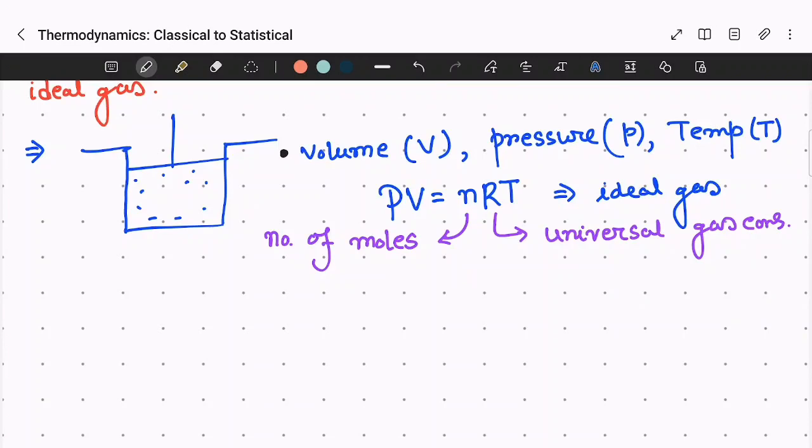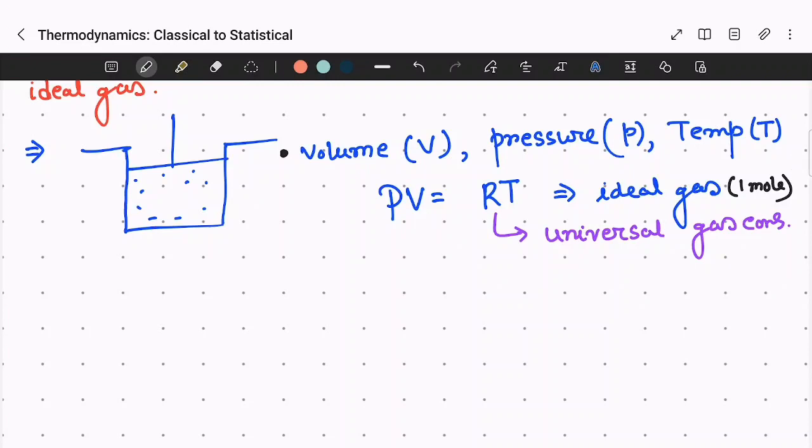If you consider only P, V, and T, then that is related to this equation PV equals nRT. For 1 mole of gas, let's say n is not there. Okay, so PV equals RT for 1 mole of gas. Right? Now that means P, V, and T are related.